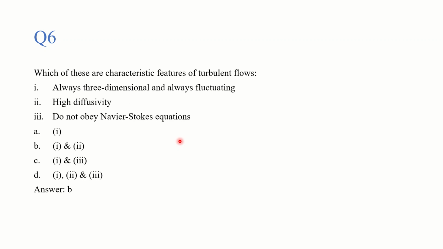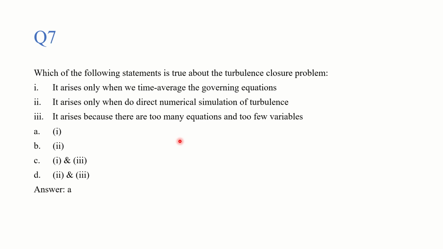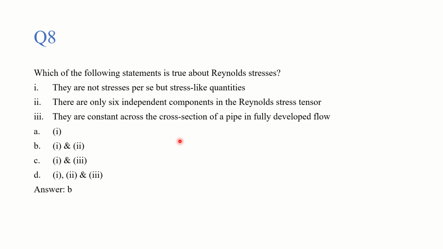It is about characteristic features of turbulent flows. It is 3 dimensional, highly fluctuating and highly diffusive. Turbulence closure problems arise because when we time average the governing equations, the number of equations stays the same while unknowns increase.